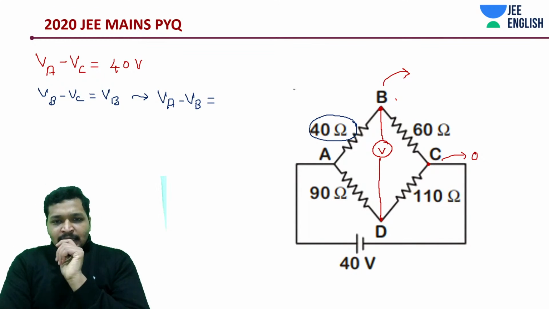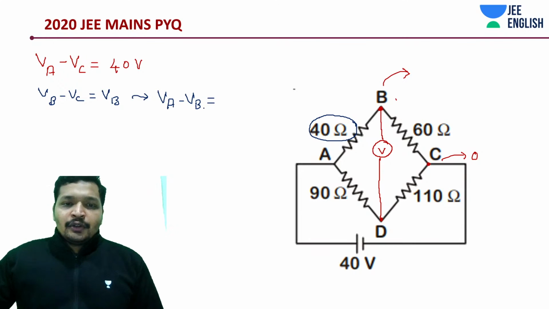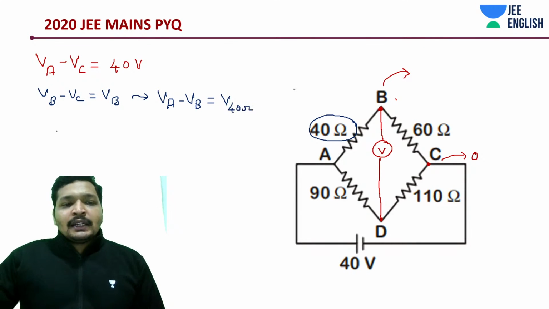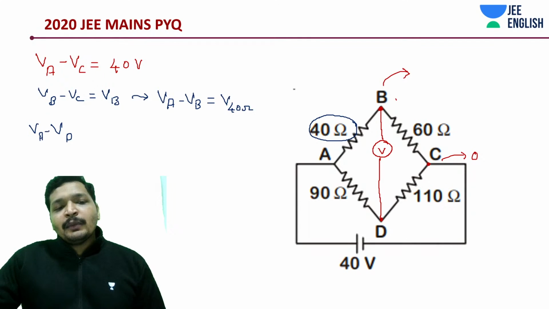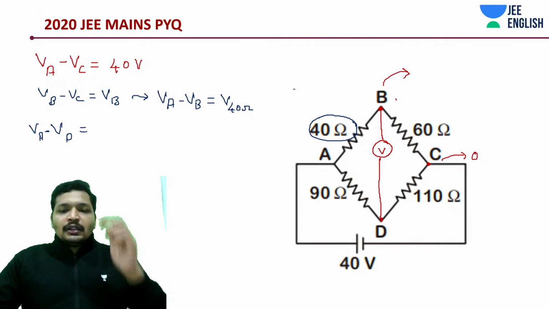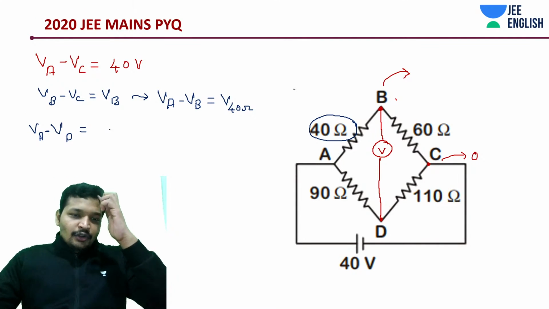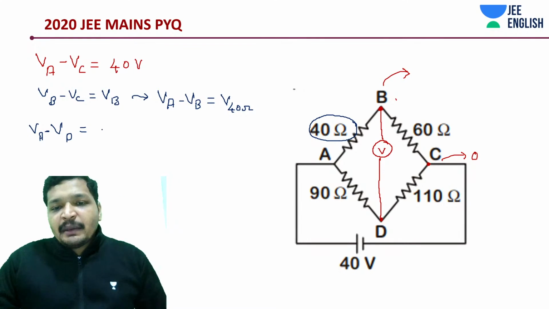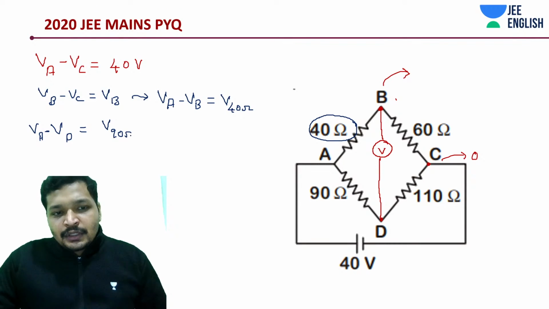So it is basically the potential drop across 40 ohms. That's it. And similarly, how are we going to find out VD? VA minus VD is going to be the potential dropped across 90 ohms.